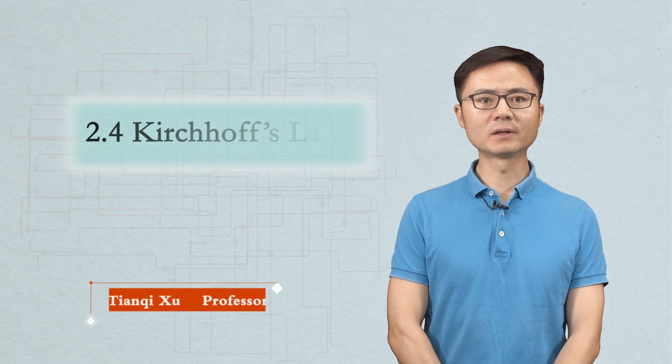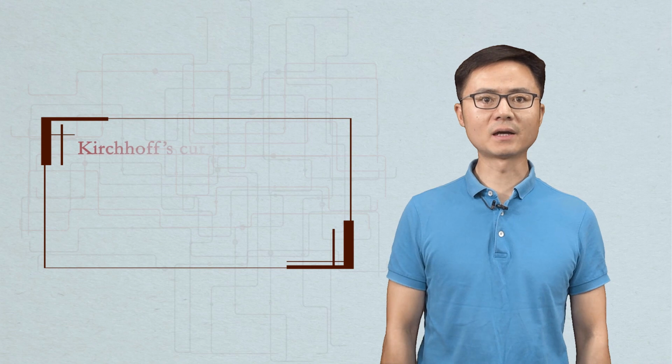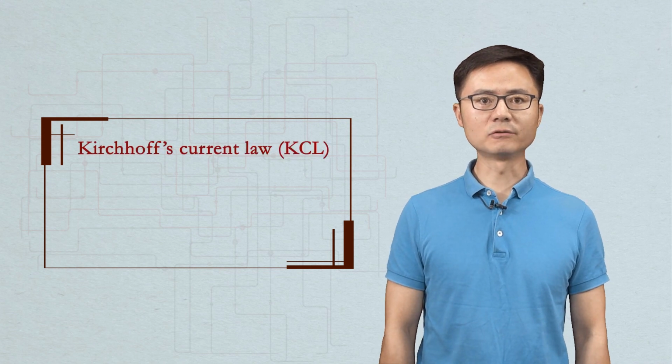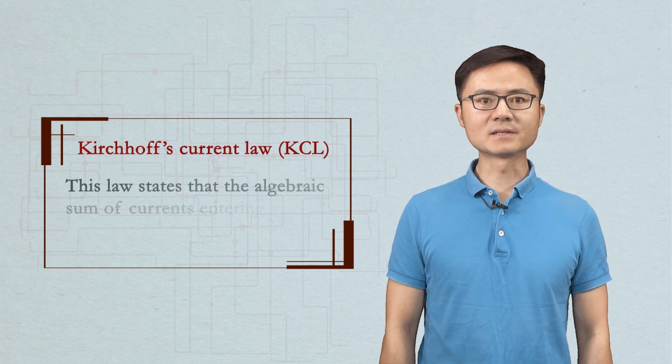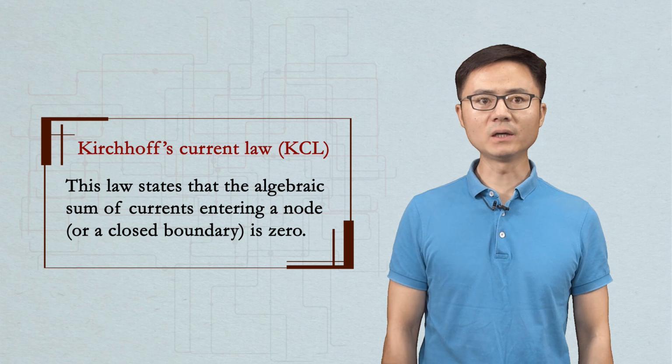Section 2.4, Kirchhoff's laws. The first one is Kirchhoff's current law, KCL for short. This law states that the algebraic sum of currents entering a node or a closed boundary is 0.